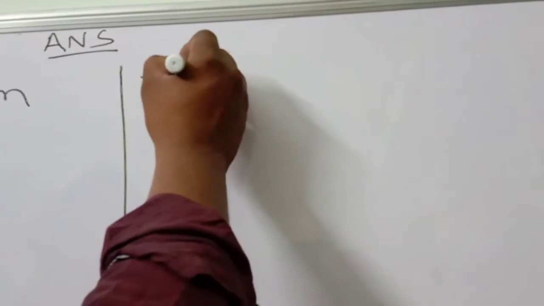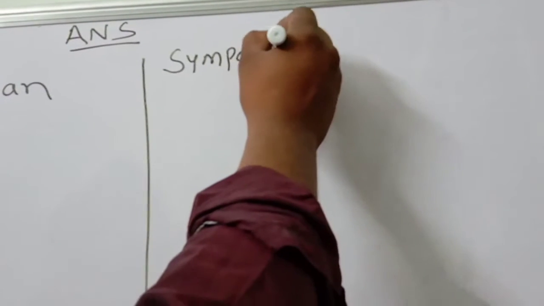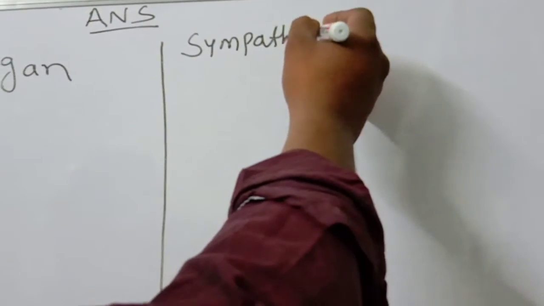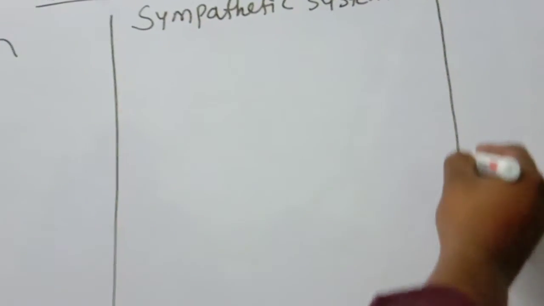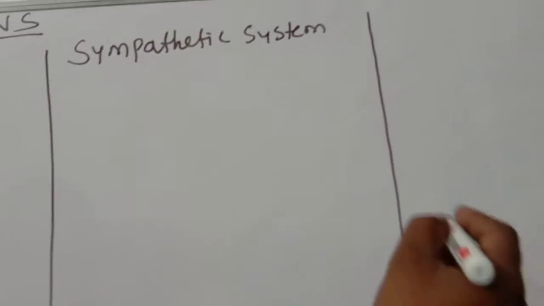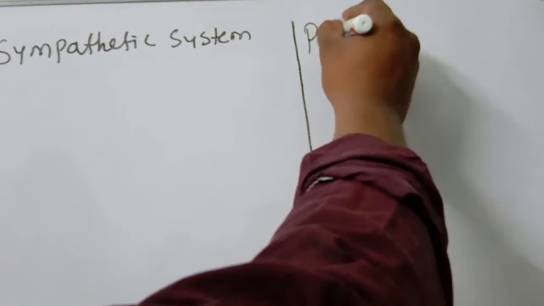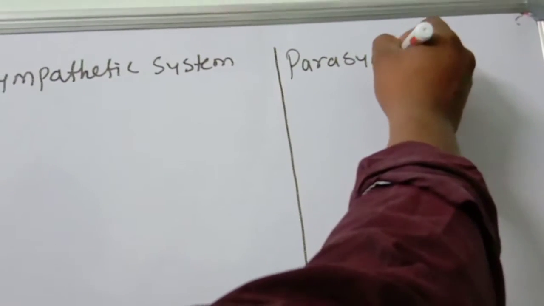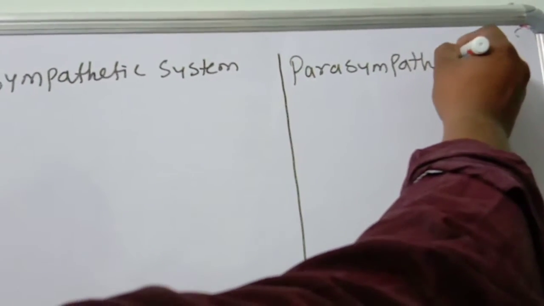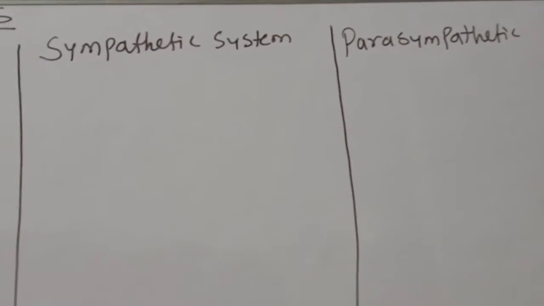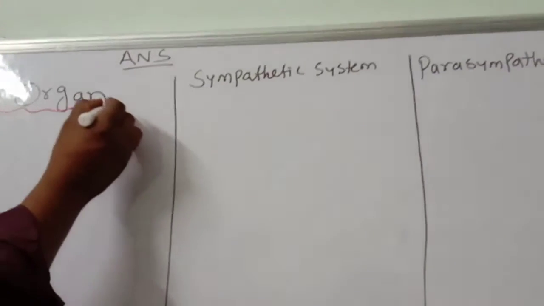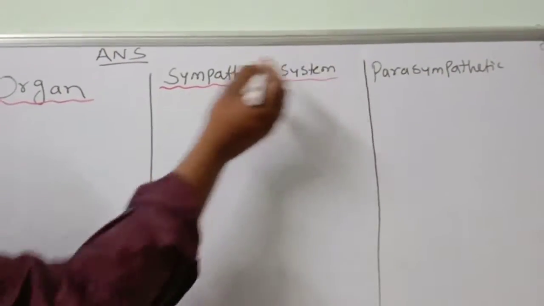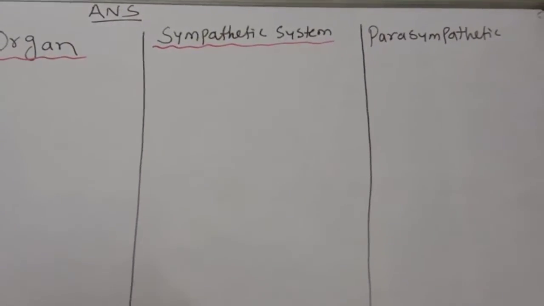Then in the second column you divide sympathetic system and parasympathetic system, like this you can divide. Now we are going to discuss what effect the sympathetic and parasympathetic have on particular organs.